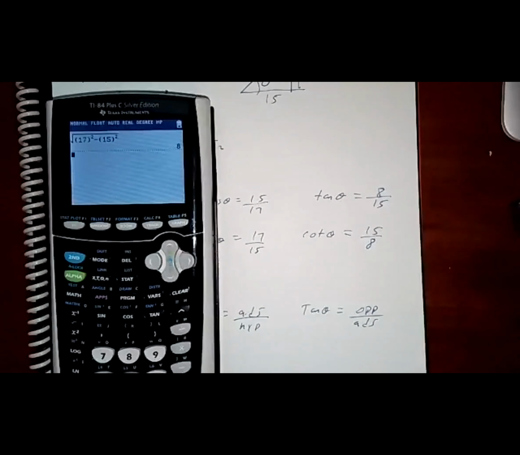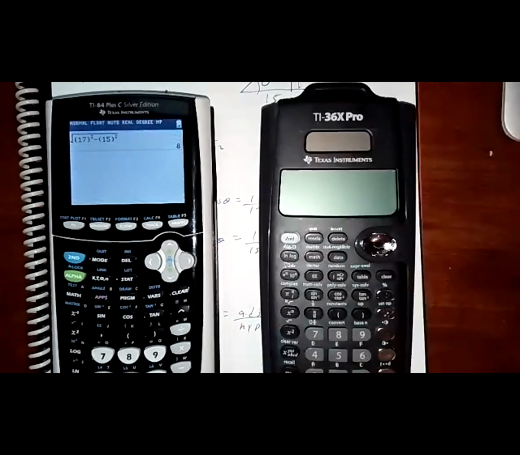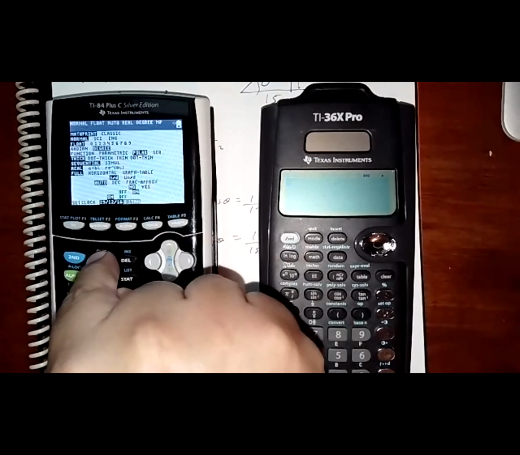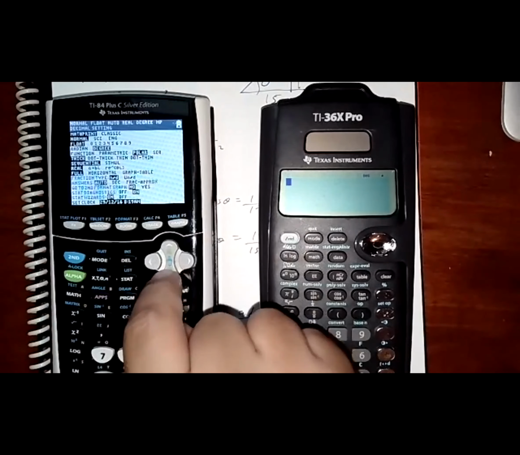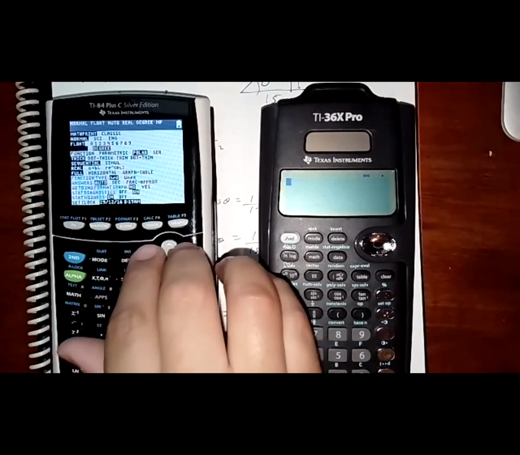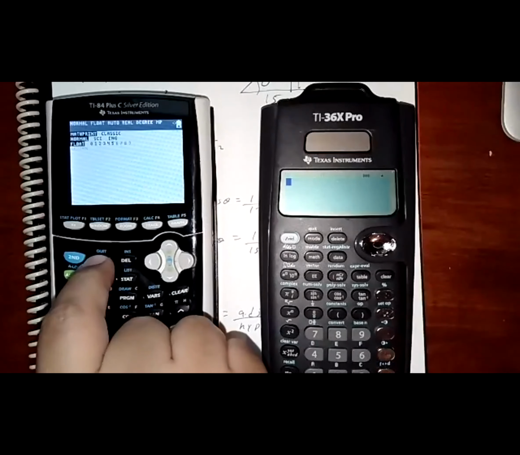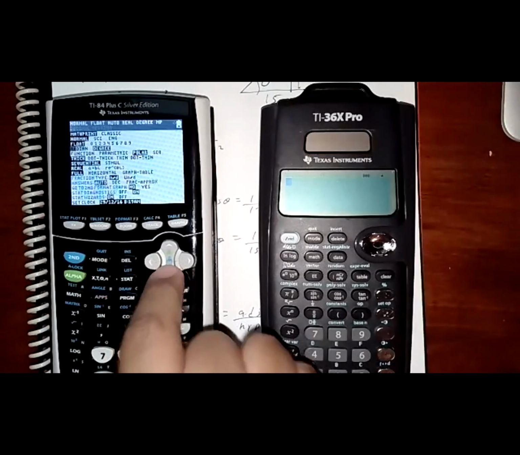Okay, so it'll be the same. I have the Pro. Okay, we'll do both then. For the 83 or 84, it's the same thing. You just go to mode, and then you go down and find wherever it says radians or degrees, and you just toggle and press enter. Okay, that's it.